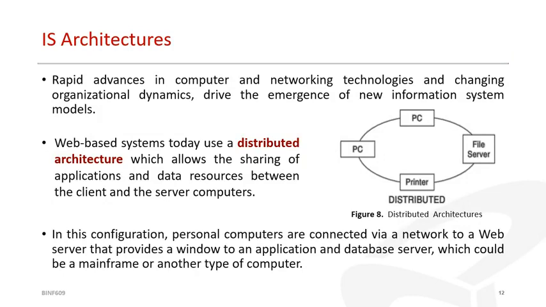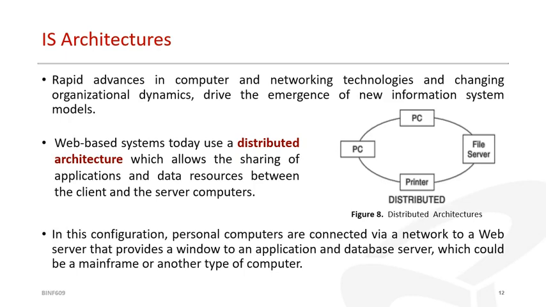Today's information system can be configured using a wide range of system architectures depending on the information needs of the organization. A web-based information system uses Internet web technologies to deliver information and services to users and other information systems or applications.